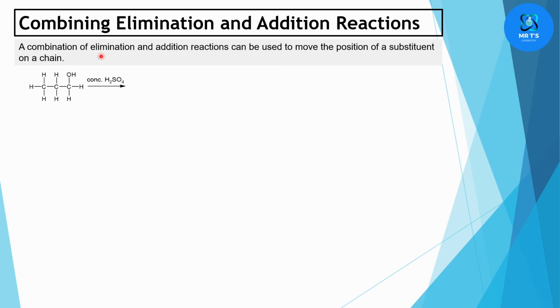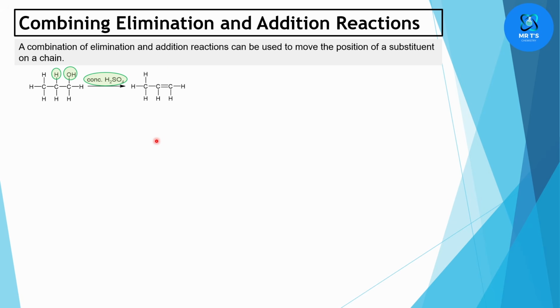When we add that reagent, what it does is remove the OH and a hydrogen from an adjacent carbon. So it's going to remove these two substituents here. Well, a hydrogen isn't really identified as a substituent, but it's going to remove the hydrogen and the OH group, and it's going to produce this alkene here, prop-1-ene.